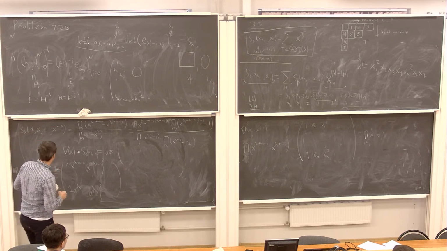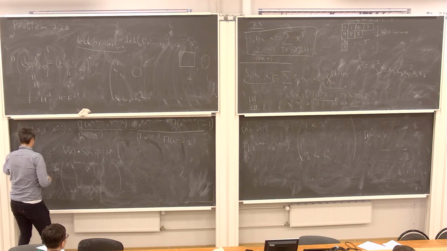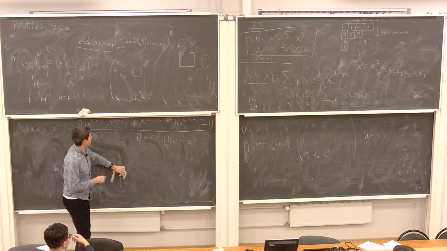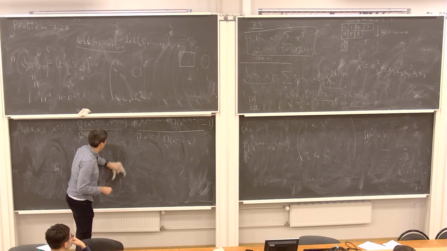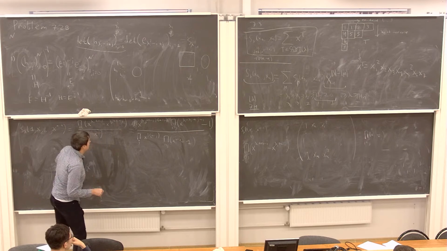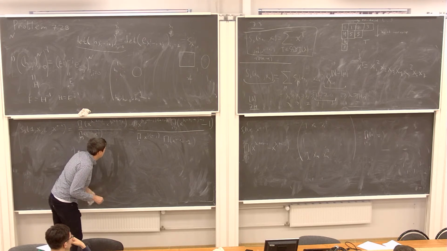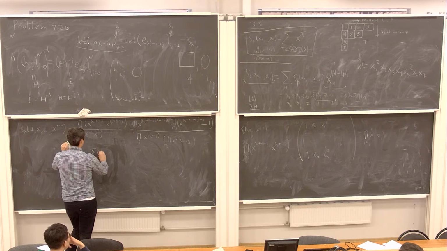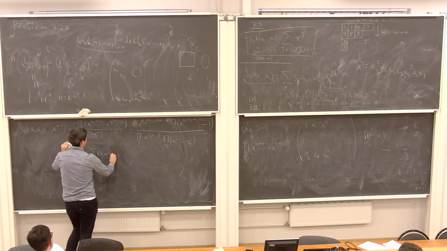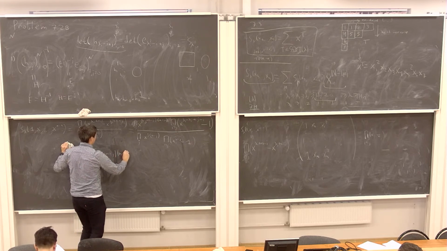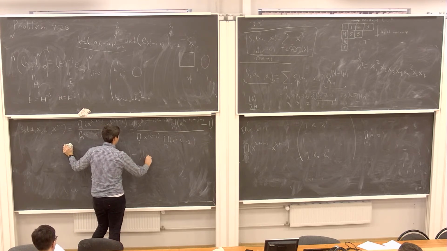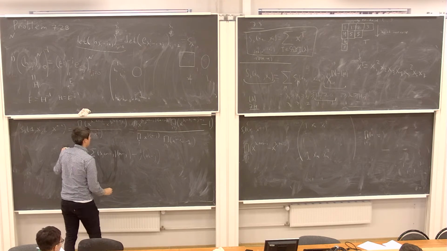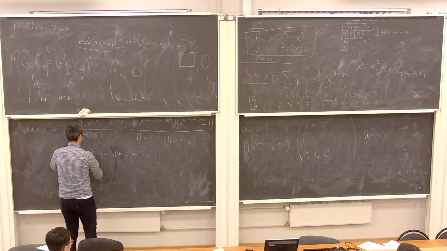Now let's check what the sum is. What is the sum of lambda j plus n minus j, times n minus j, over all j's equal to?